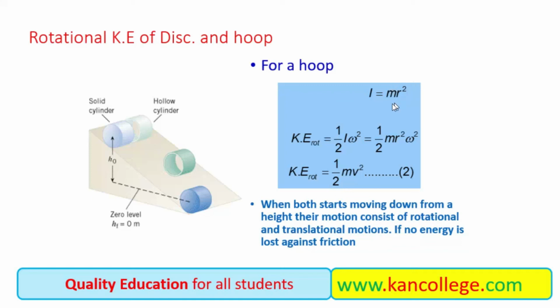Using this value of I in the formula, we get half m r squared omega squared, and r squared omega squared is equal to v squared. So rotational kinetic energy is equal to half m v squared.